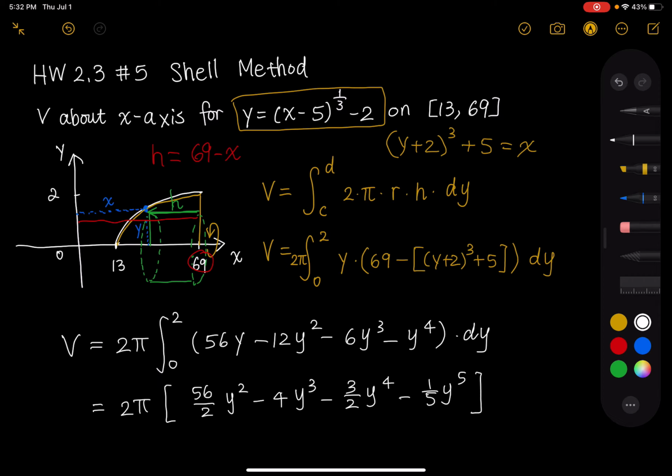And then you plug 2 in, and then you subtract the value when you plug in y equals 0. Then eventually you should get 496 pi over 5.